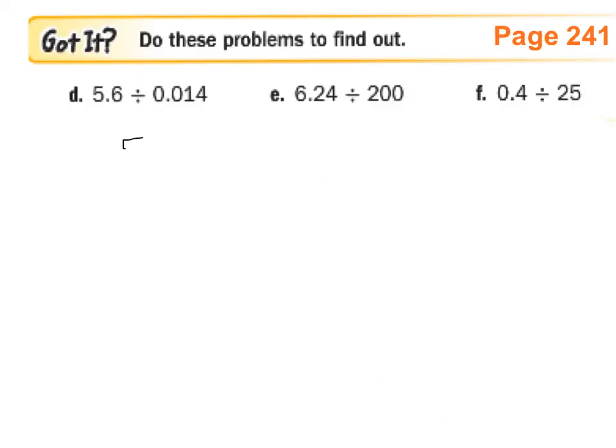This is 5.6 divided by 14 thousandths. So I need to move my decimal back once, twice, 3 times. So that's 3 groups of 10, so that's by 1,000. So I'm going to make 3 swoops over here and move my decimal out here.